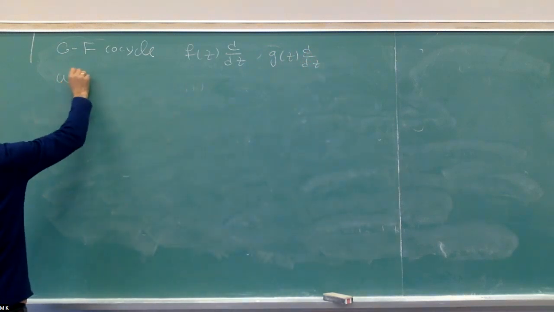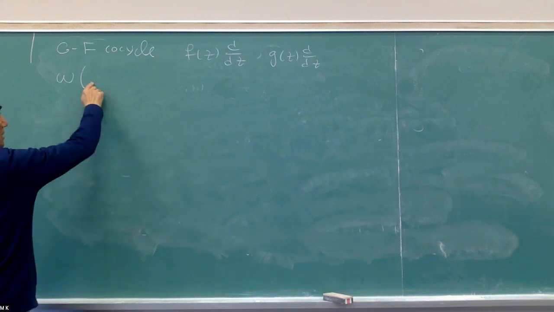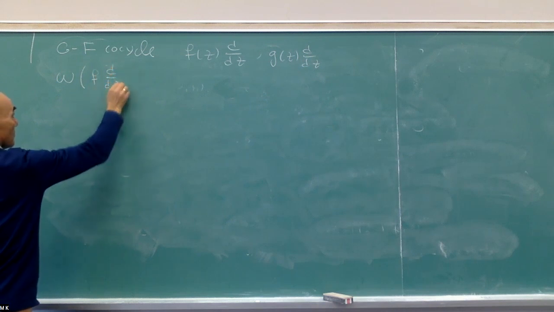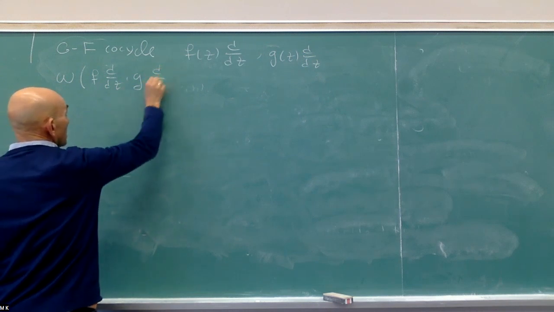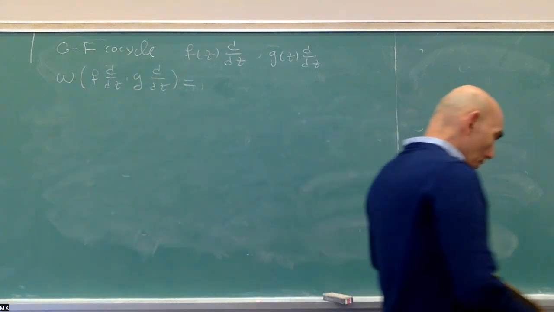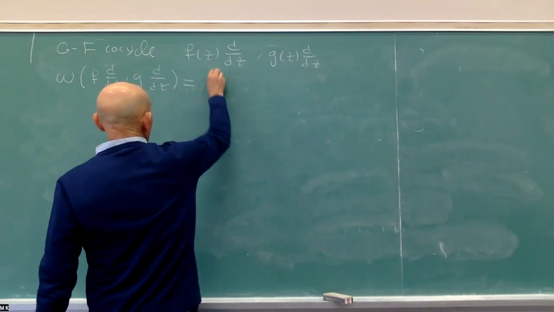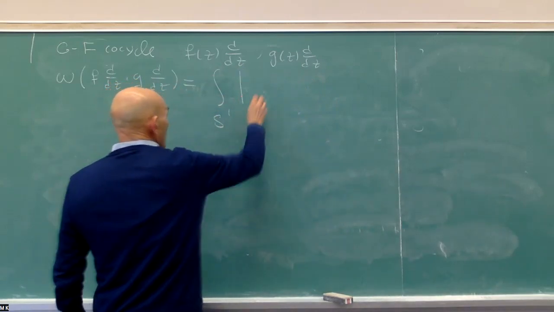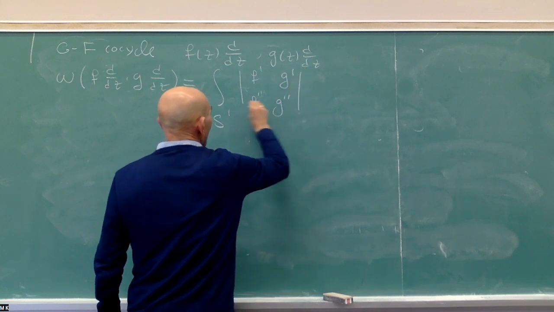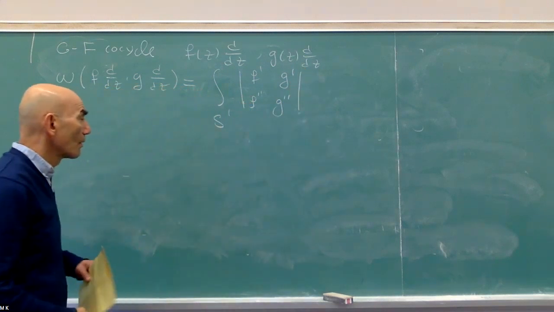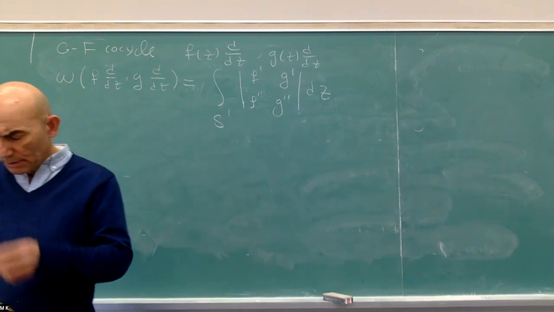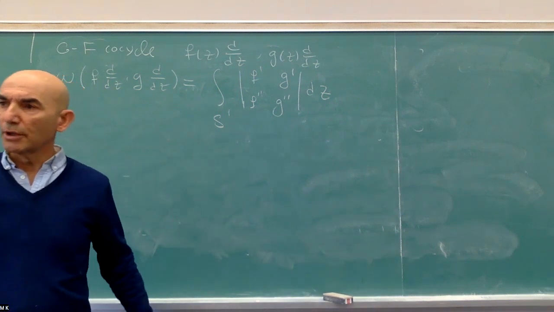Then they define omega of these two things to be given by this integral over S1 of f prime, g prime, double prime, g double prime, dz. I think that's the right formula.